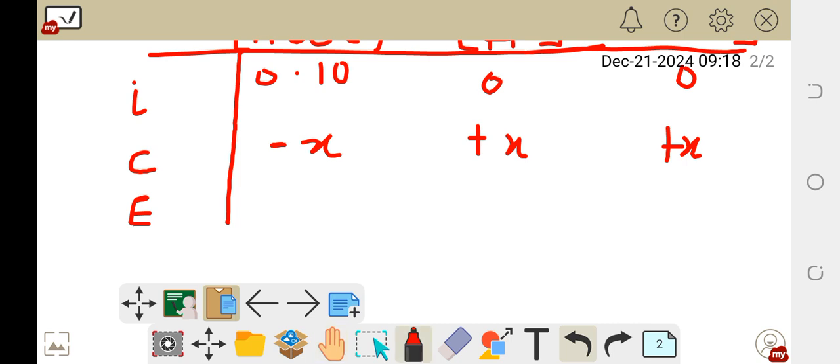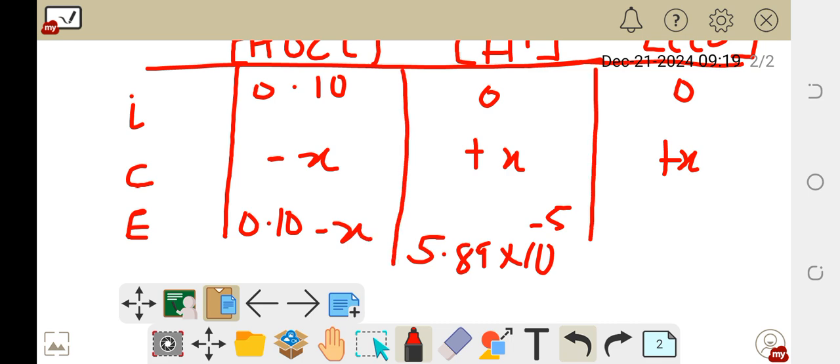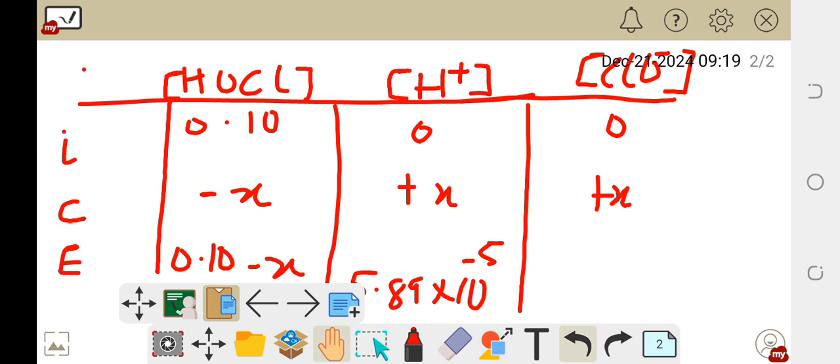And we are told that based on the calculation we found for the hydrogen ion at equilibrium, we have 5.89 times 10 to the power of negative 5 for the hydrogen ion concentration, while for the equilibrium concentration of hypochlorous acid, 0.10 minus X. For the equilibrium concentration of hypochlorite ion, we have X as well, since nothing was given.